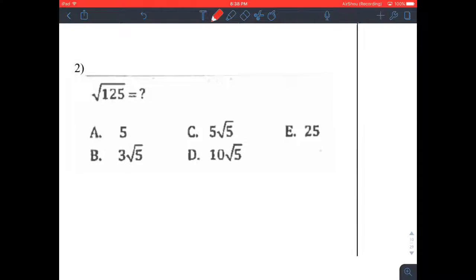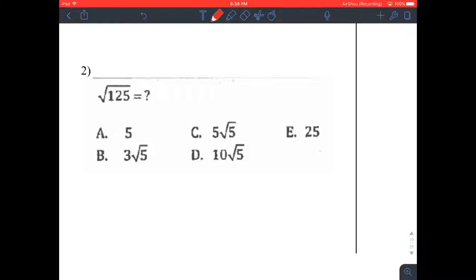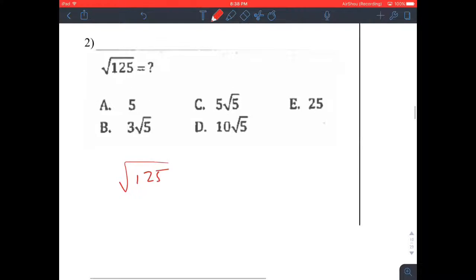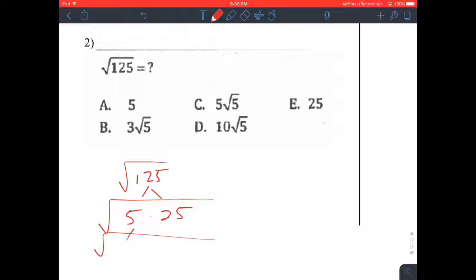Number 2, what's the square root of 125? 125 does not have a perfect root. It's not an integer. So if we break 125 into prime numbers, think about quarters. $1.25, that's 5 quarters. And then 25 breaks down to 5 and 5.